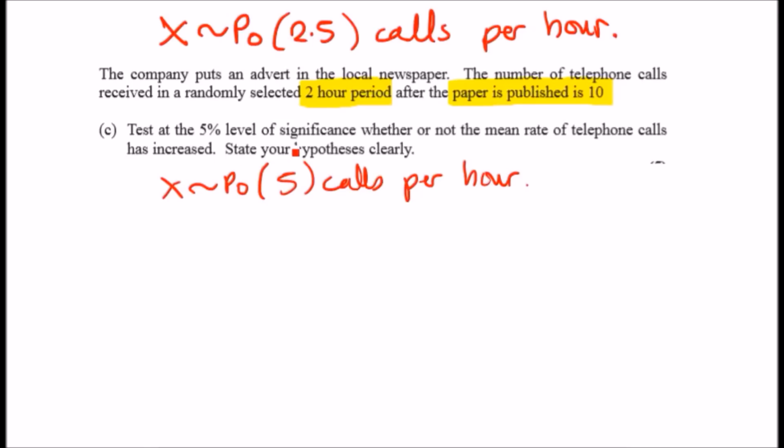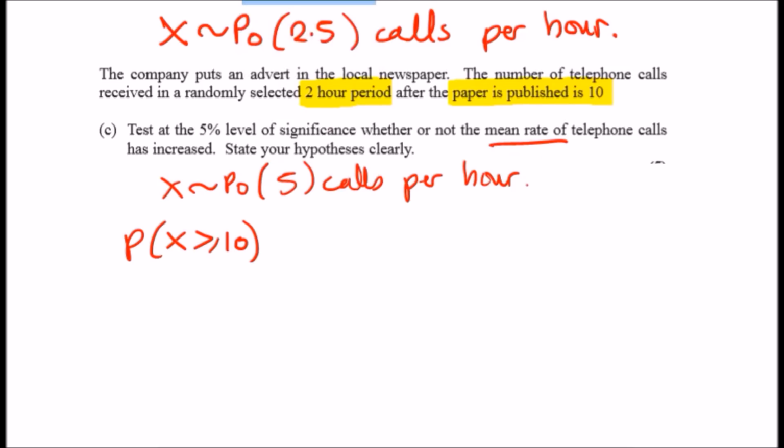Now, test at the 5% level of significance whether or not the mean rate of telephone calls has increased. Now, we're just looking at 1, okay? And apparently it seems to be far greater than the average rate, which is 5. This paper seems to have at least got 10. So we can test using the distribution tables the probability that x is greater than or equal to 10. But we also need to state our hypotheses clearly.